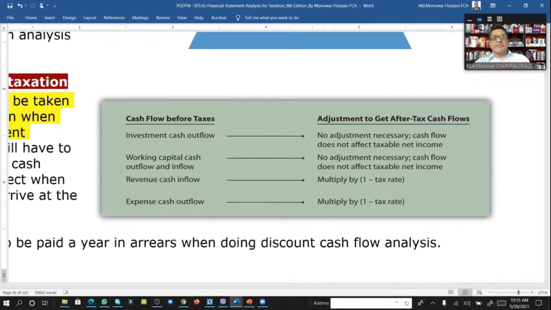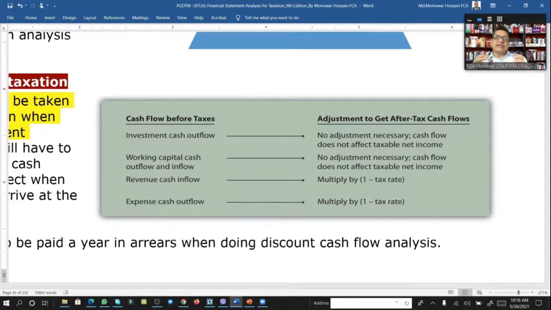Working capital cash outflow and inflow also need no adjustment. Revenue cash flow, meaning how much money comes in, we have to adjust for tax by multiplying by 1 minus the tax rate. For example, if our tax rate is 30%, then we multiply by 1 minus 0.3, where 1 means 100%.